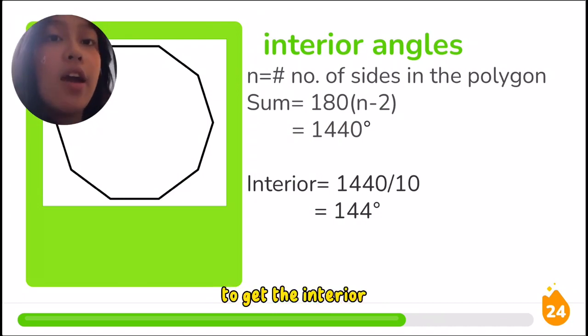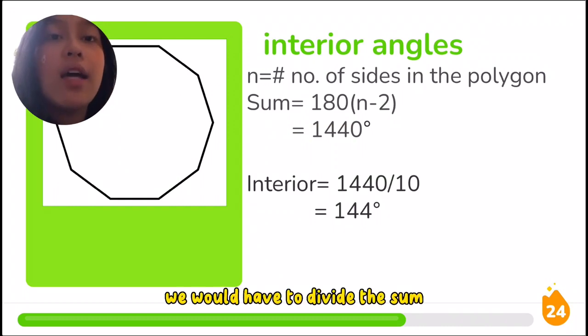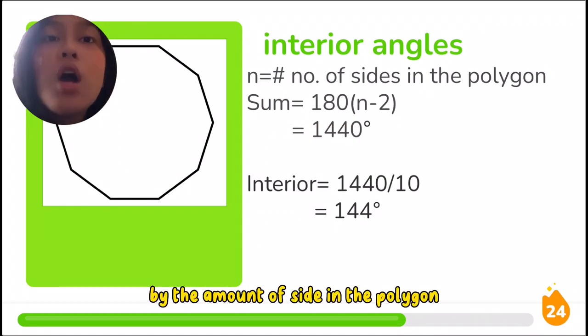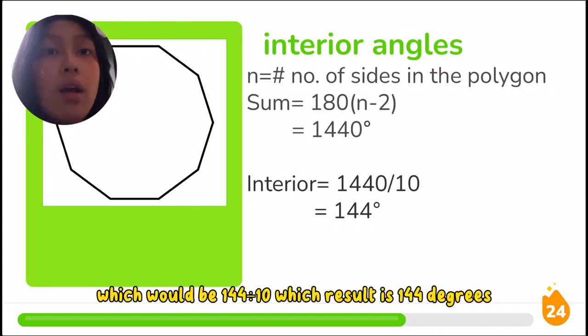To get the interior angle, we divide the sum by the number of sides in the polygon, which would be 1440 divided by 10, and the result is 144 degrees.